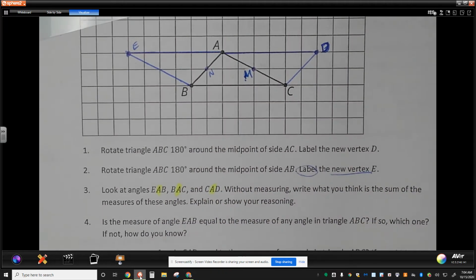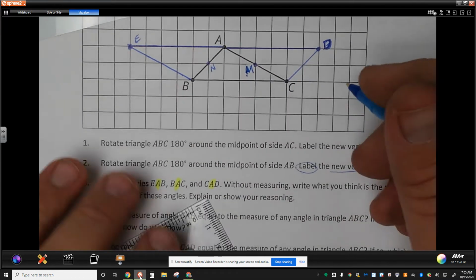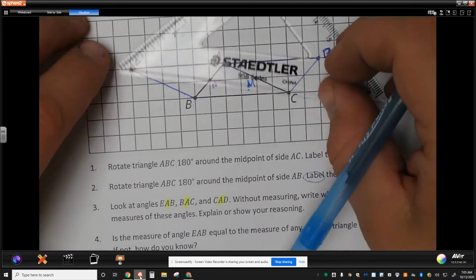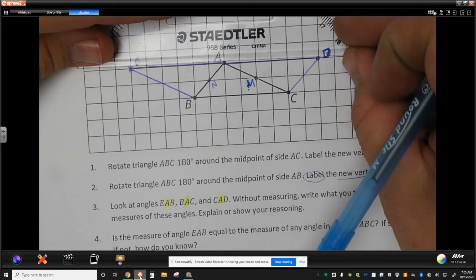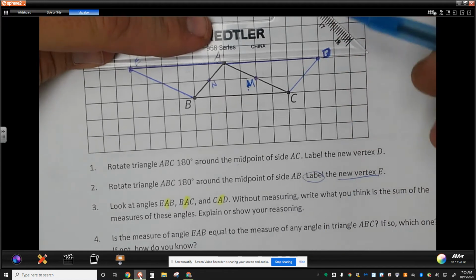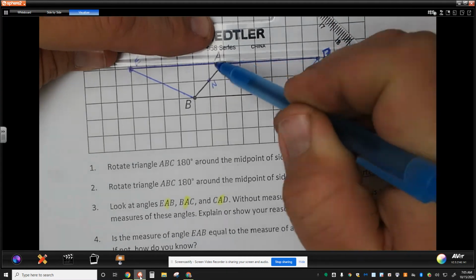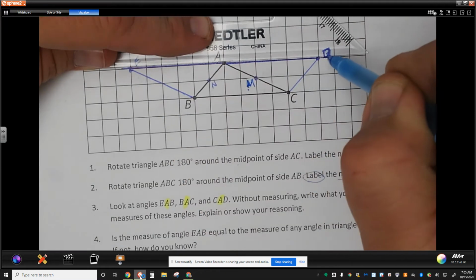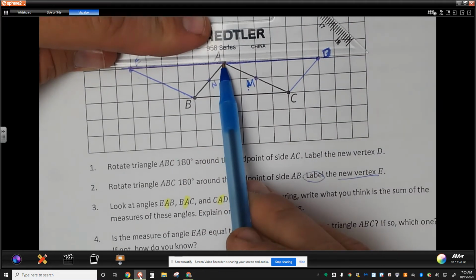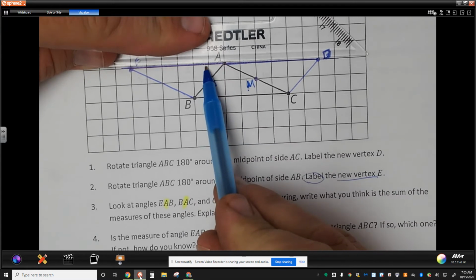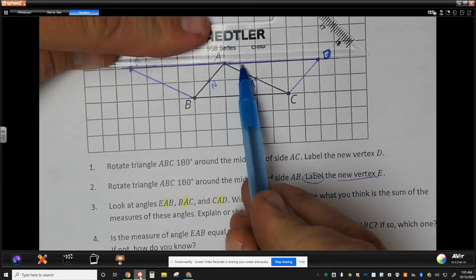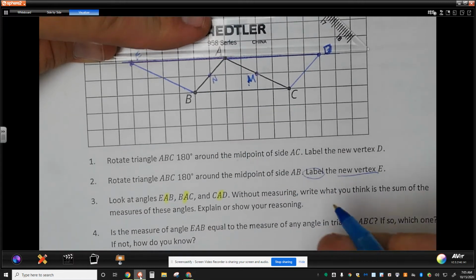It says without measuring, write what you think is the sum of the measures of these angles. Explain or show your reasoning. I hope that what you've come up with is something related to the 180 degree, or the straight angle theorem, where we have a straight line here, a straight angle that passes through point A, meaning that the added measure of these three angles right here will equal 180 degrees because of a straight angle.